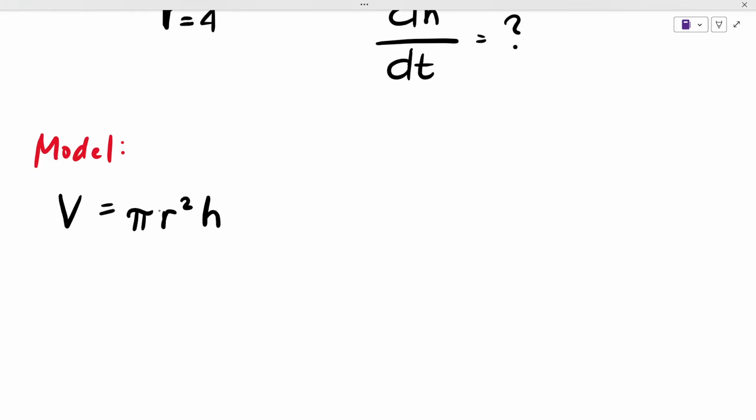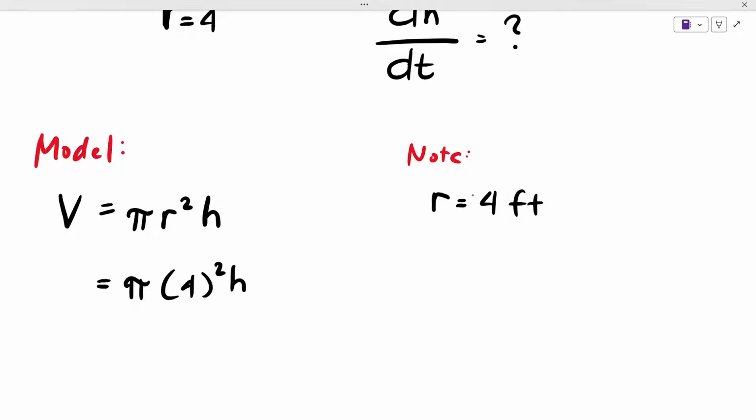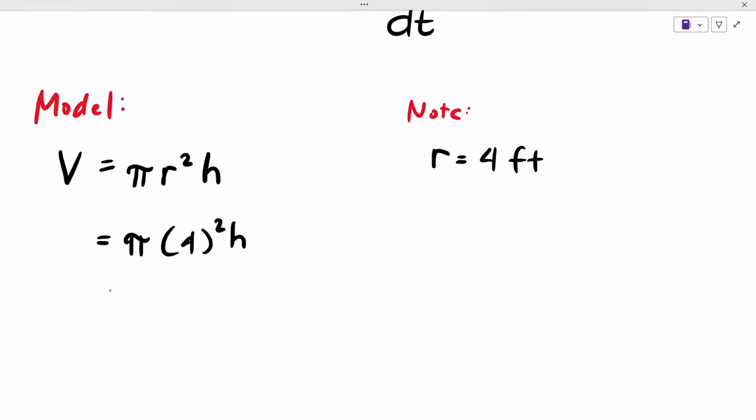To simplify your model, since the radius given is a constant, we replace r by 4 feet.